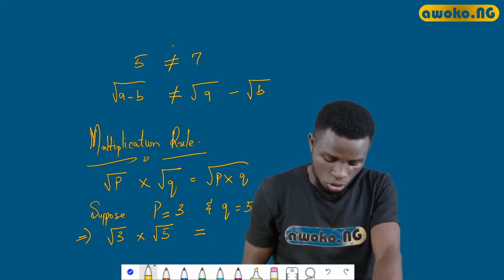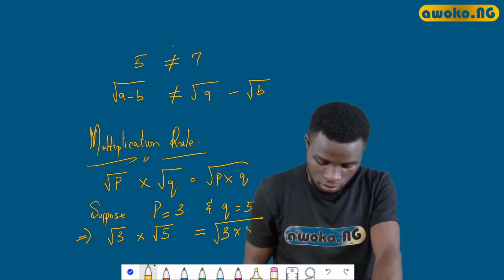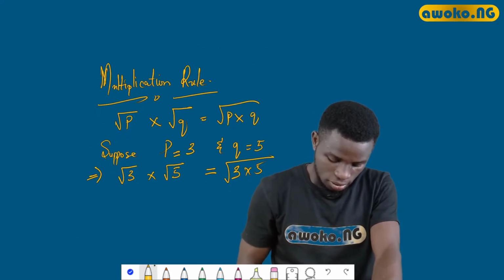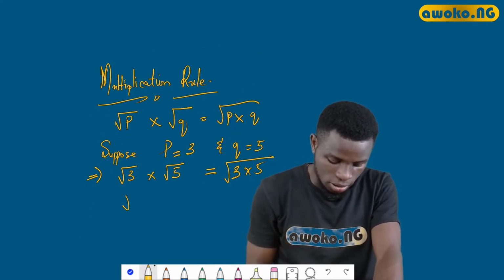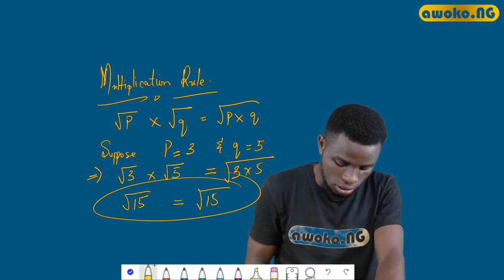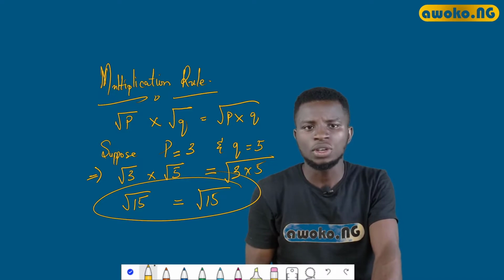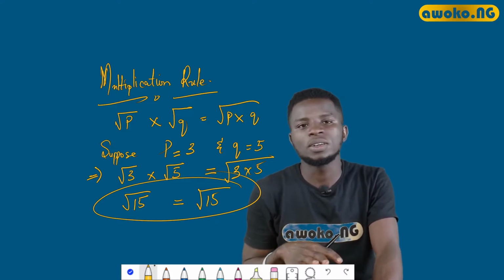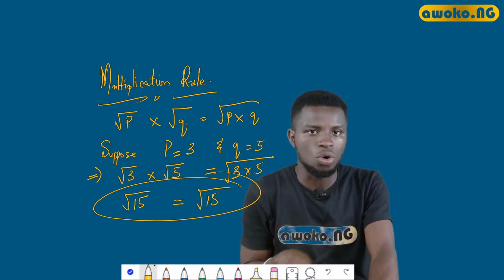And let us see if it will be equal to the square root of 3 times 5. Then you will see that this is equal to the square root of 15. So these are equal.